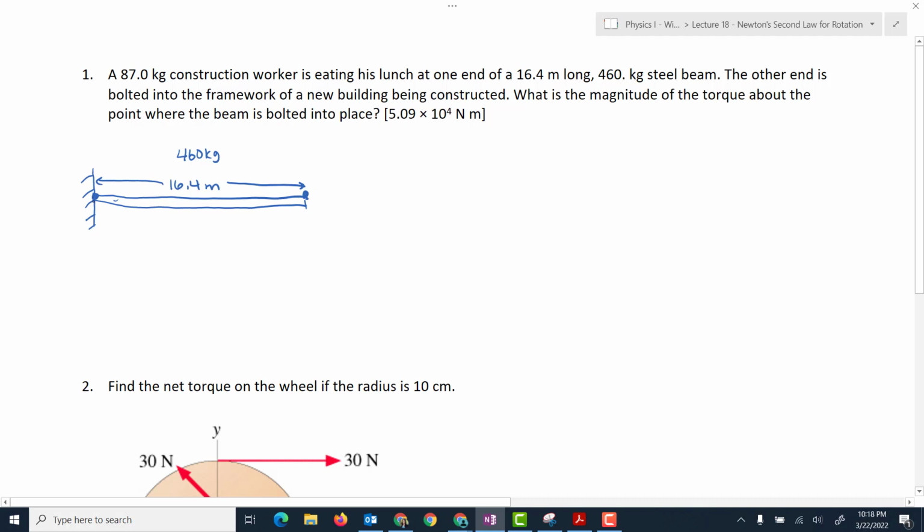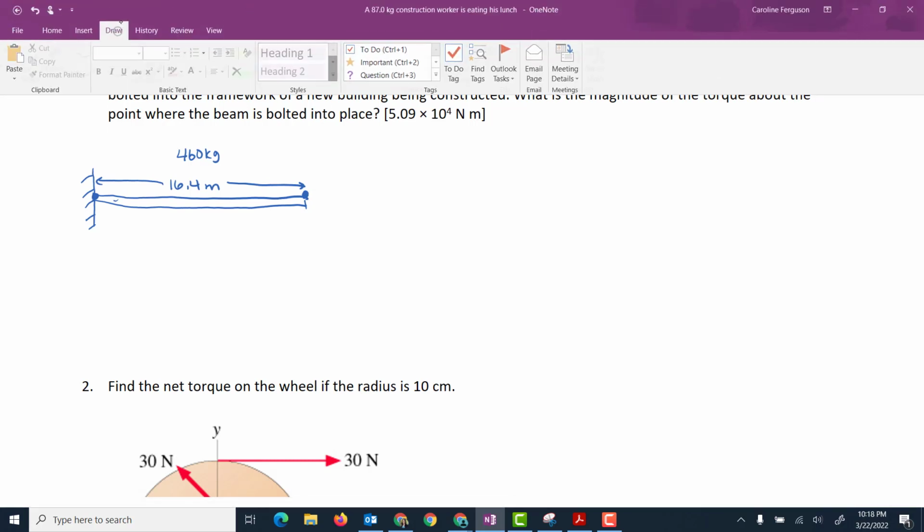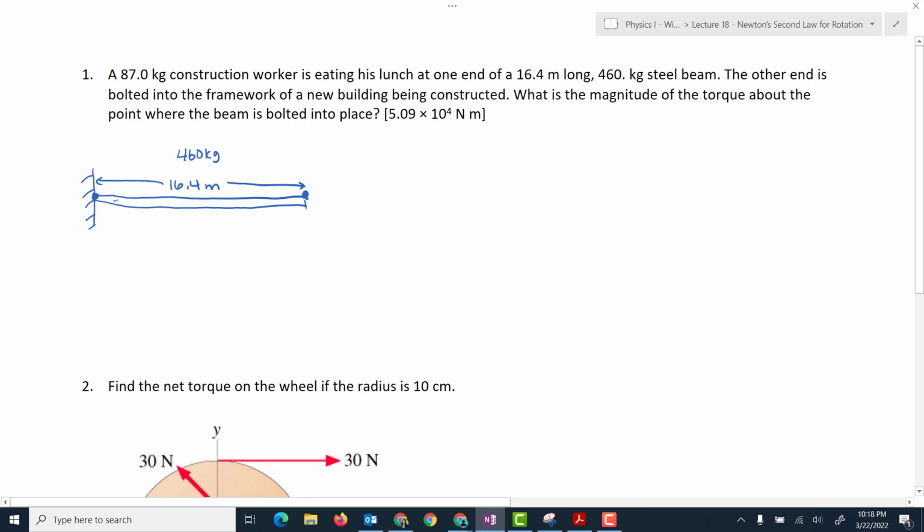So what we want to do is first figure out what are all the forces acting by taking a look at what the free body diagram would look like. So here we have an object, which is the construction worker, eating his lunch at one end. He's applying a force of gravity pointing downwards.